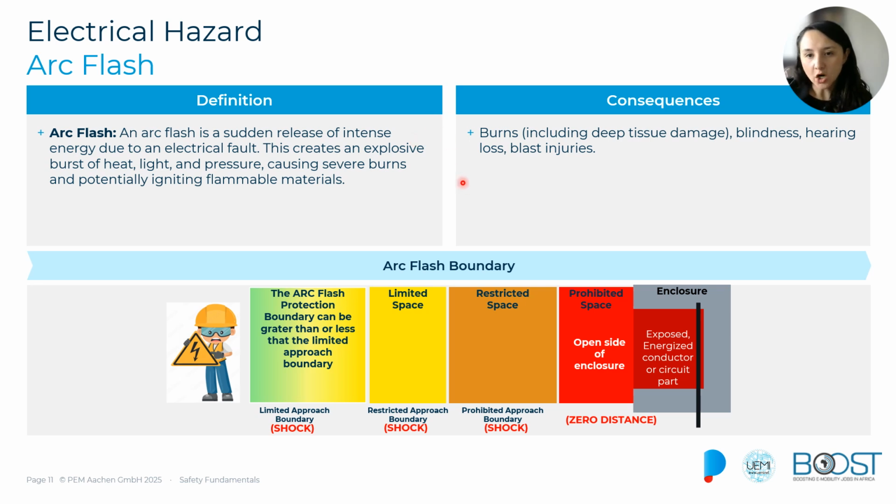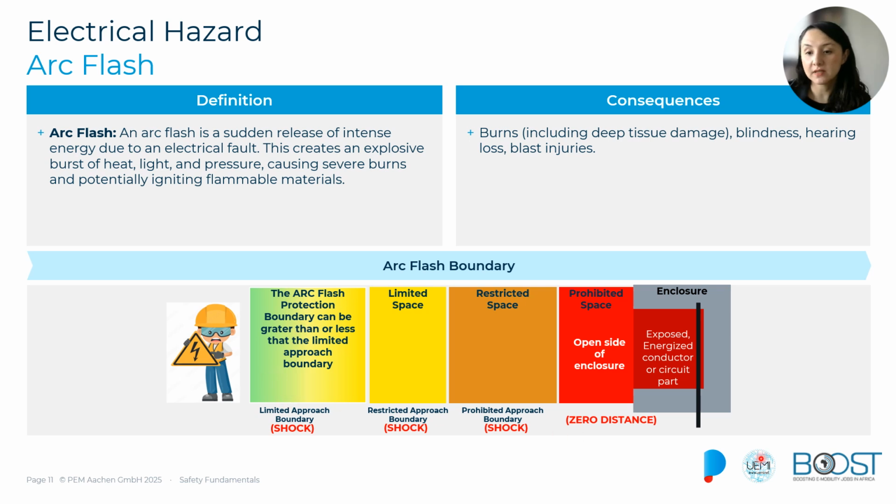To prevent the arc flash, we define these arc flash boundaries. This is the minimum safe distance where we can locate ourselves to not get exposed directly and to not be affected by an arc flash. This distance, as you can see here, will change depending on the hazards that the potential arc flash represents.